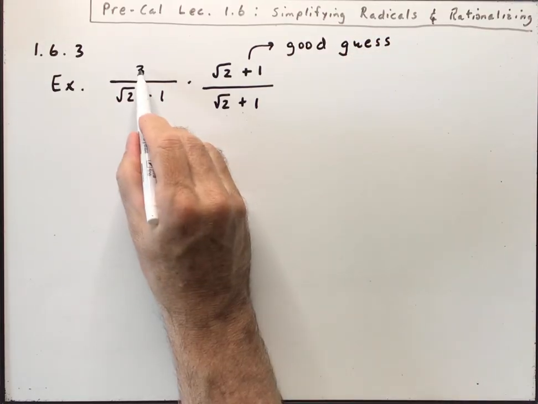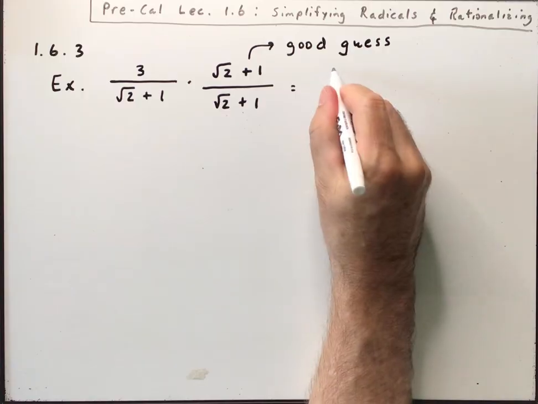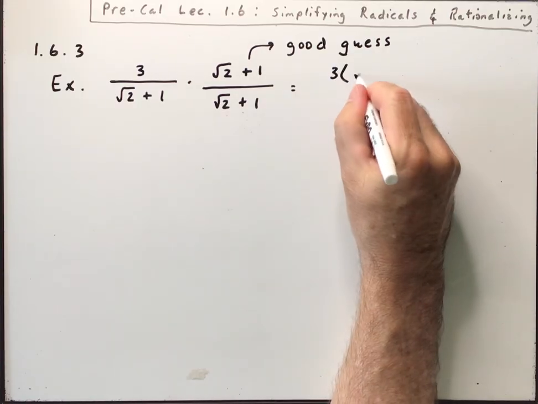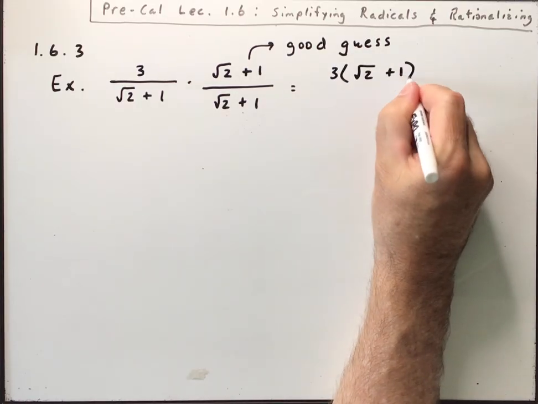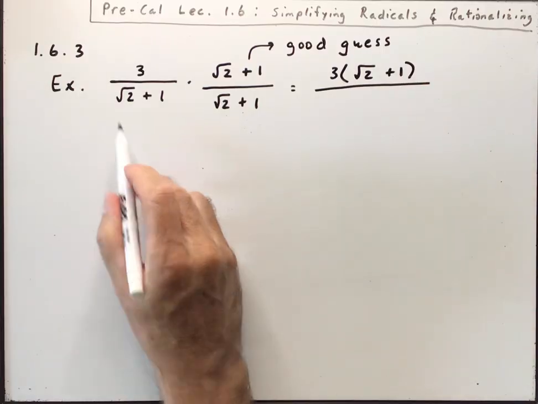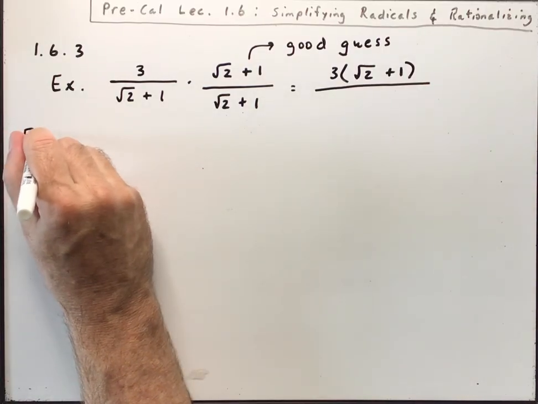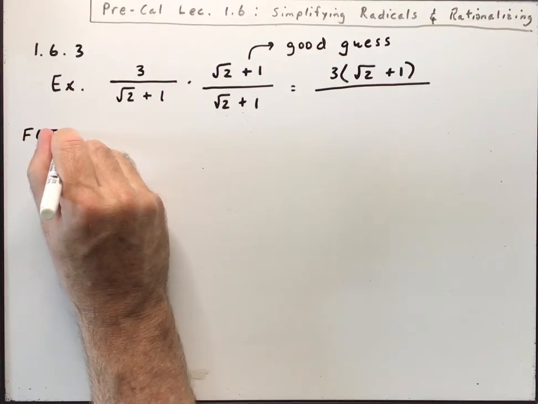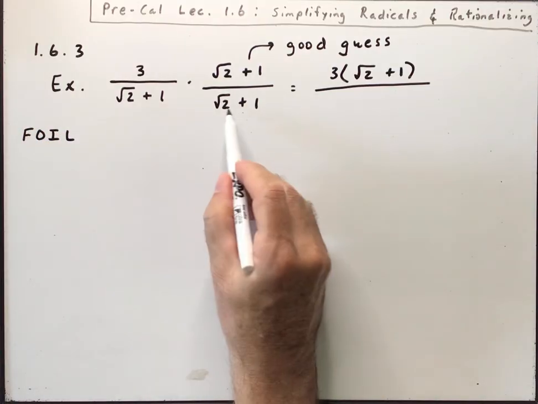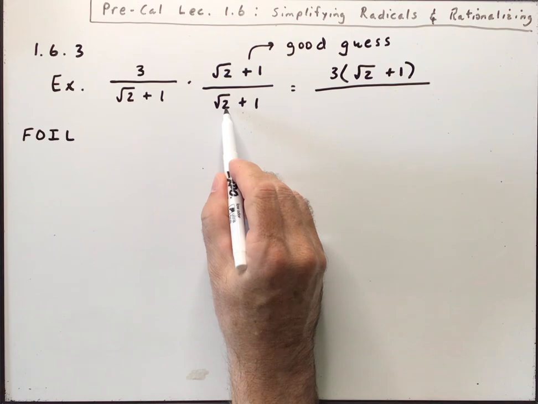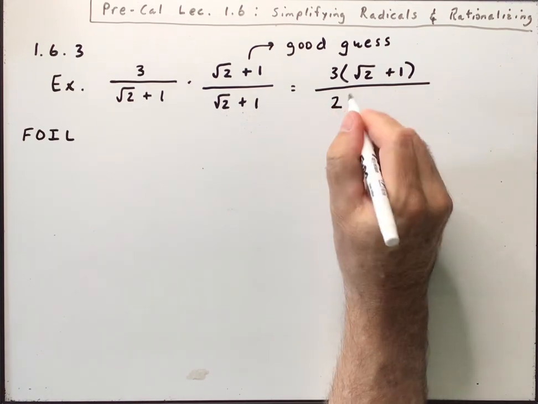Okay, so let's multiply that out. We'd have 3 times the square root of 2 plus 1 on top. And on bottom, we have to FOIL. First, outside, inside, last. I hope you remember that. So first, root 2 times root 2 would be 2.